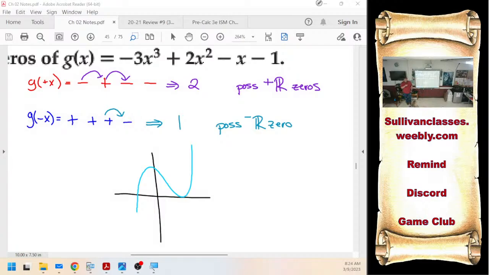Same, right? Because this one happened twice. So it still has 2 positive real zeros, it's just it repeated. But if I move just a hair above that, how many positive real zeros does it have now? 0. Do you remember from Algebra 2 that these had to go down in pairs?